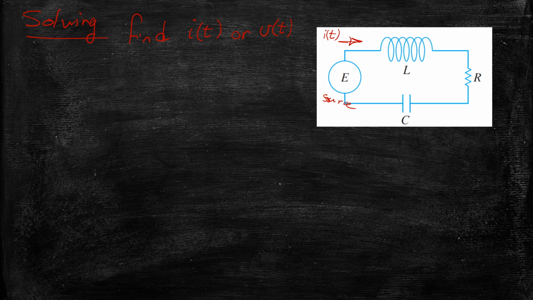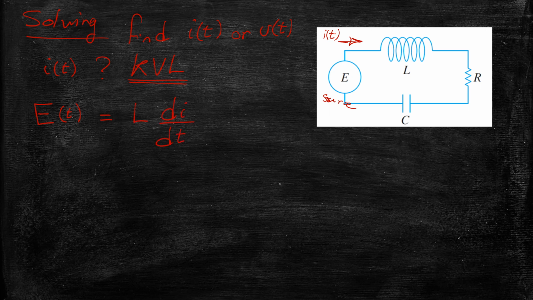Initially, to get this current, we can use Kirchhoff's voltage law. It's only one loop, so we assume we have this source as a function of t. It could be a constant, DC, or any function in the AC, sine or cosine, or even an exponentially decaying function.